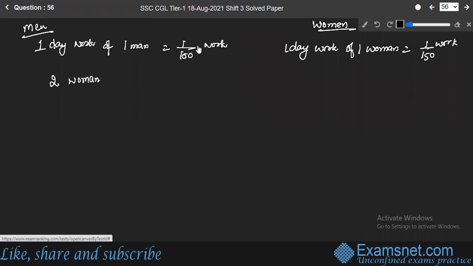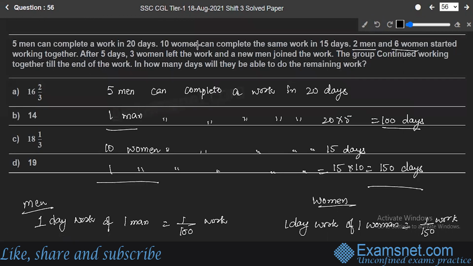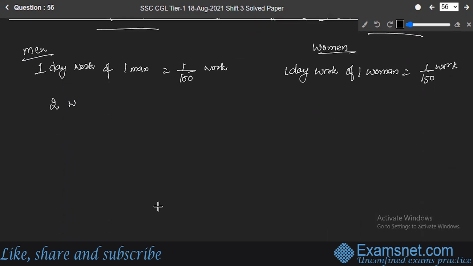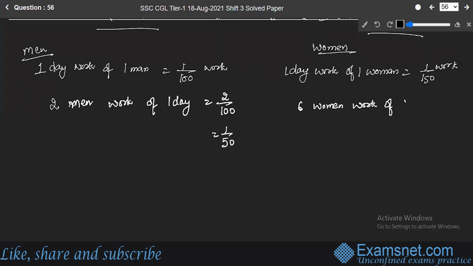So it is saying 2 men, work of 1 day is equal to 2 by 100, that is 1 by 50. Similarly, 6 women, work of 1 day is equal to 6 upon 150, which is equal to 1 upon 25.